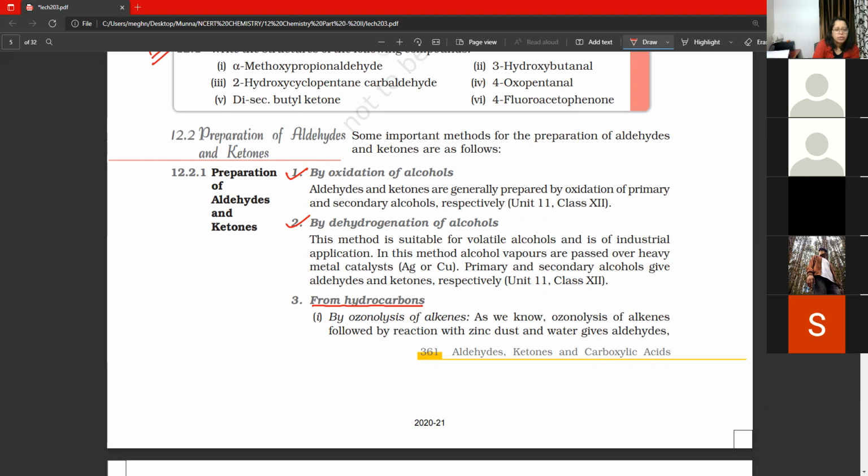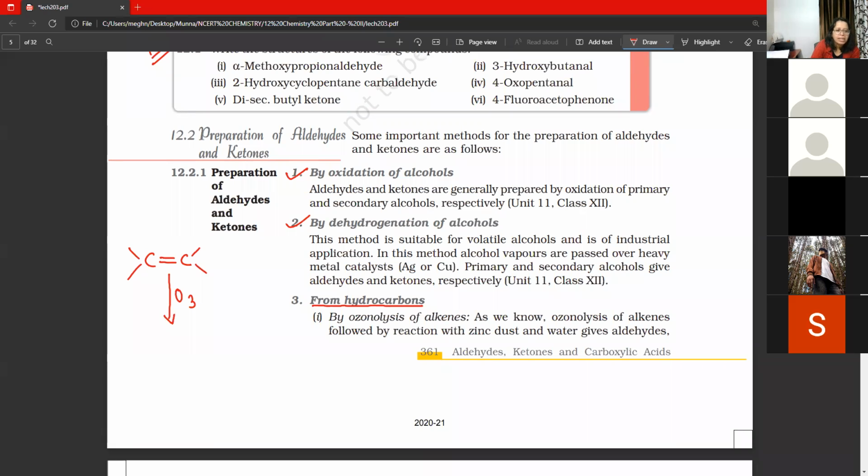For that, we use alkene. Now, children, alkene, I'm not writing the side part because that will remain intact when it reacts with ozone.